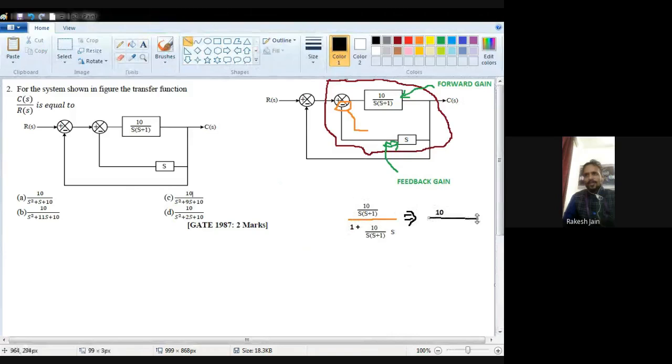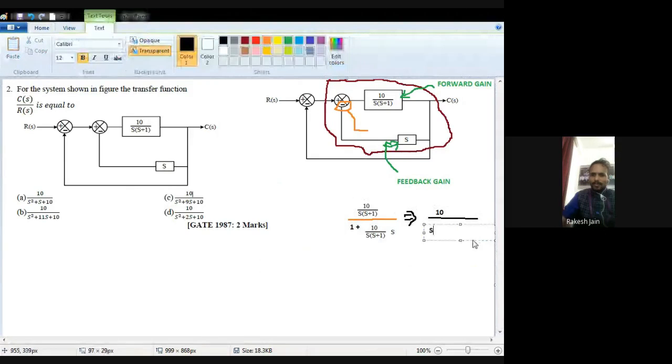S square plus S plus 10S. Wait. This one will be square.